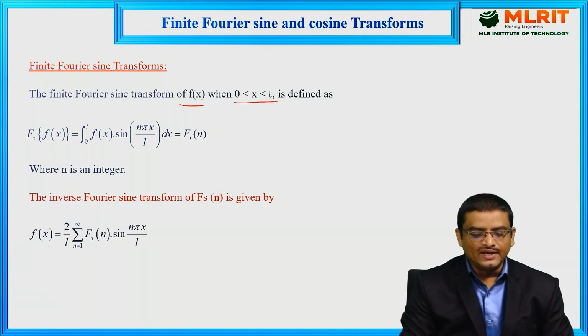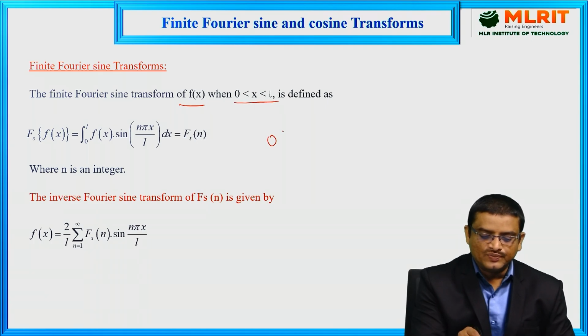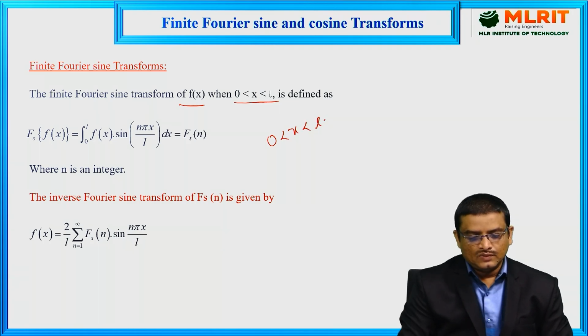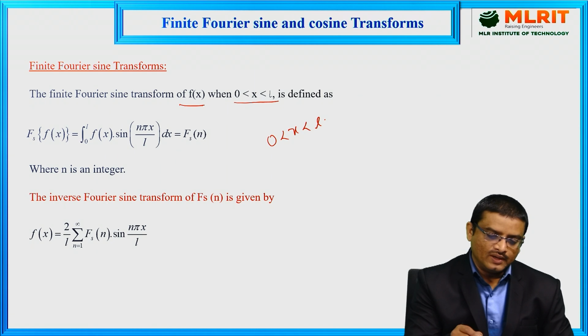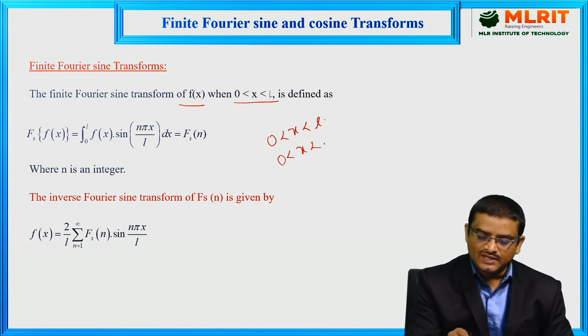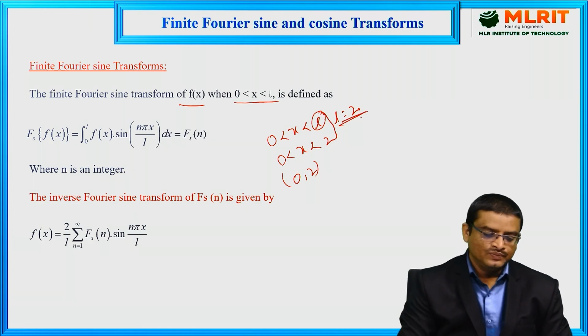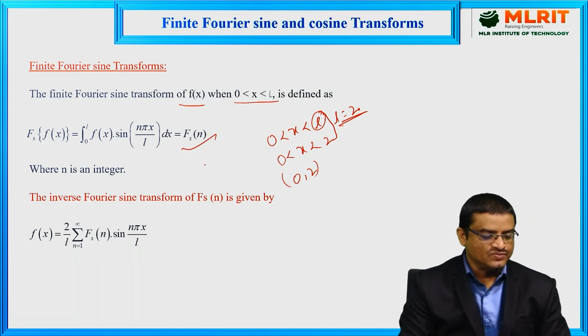In general, that condition is 0 less than x less than L. While taking problems, sometimes you may get 0 less than x less than 2, that is, our interval is 0 comma 2. So by comparing these two intervals, we get the value of L and substitute that value in this formula.